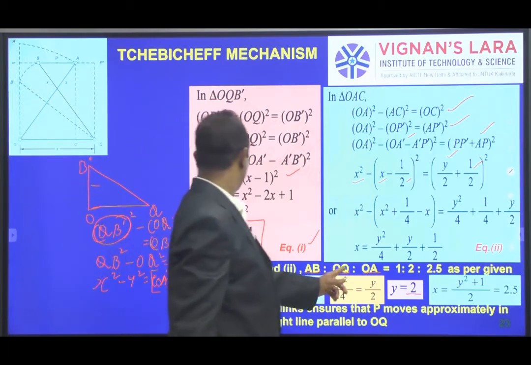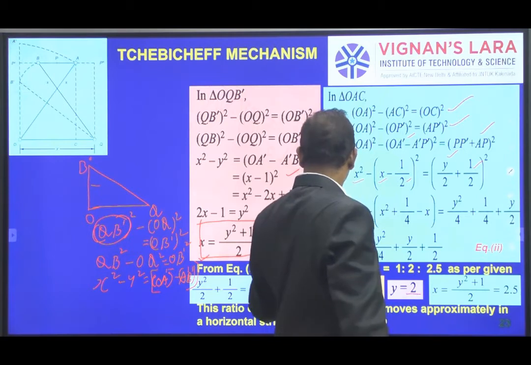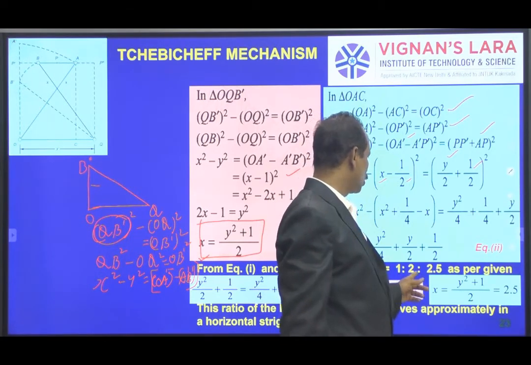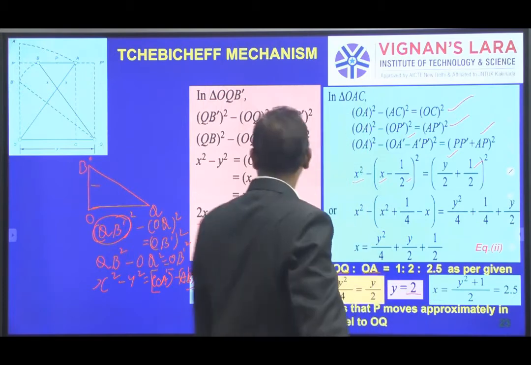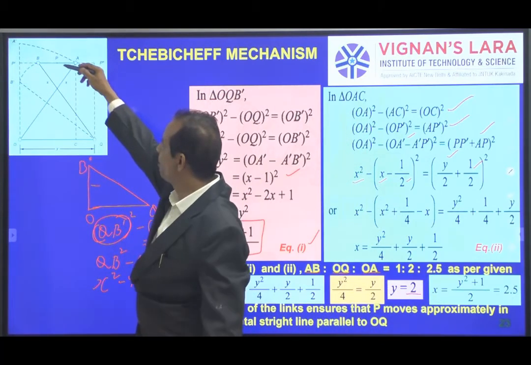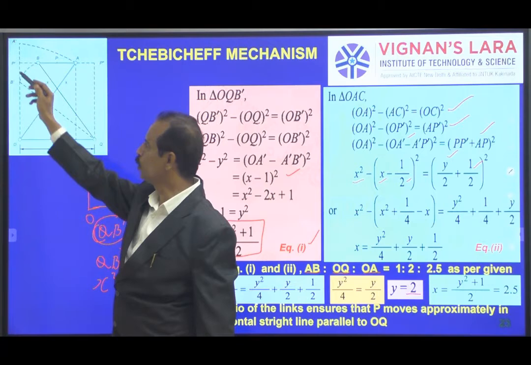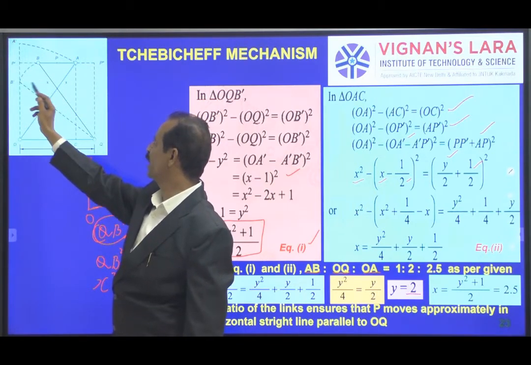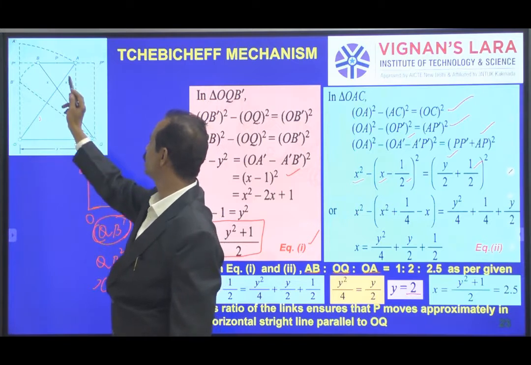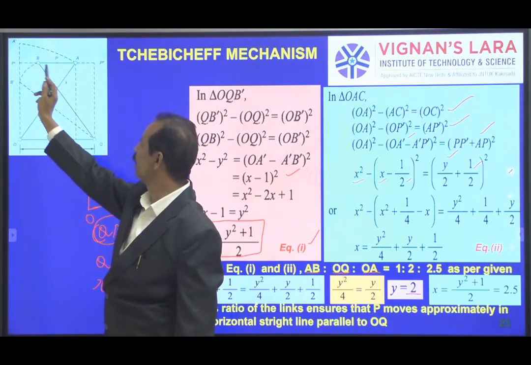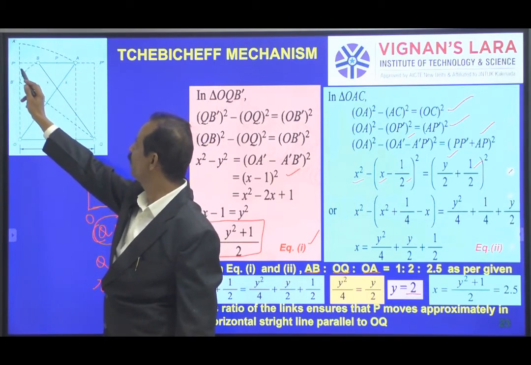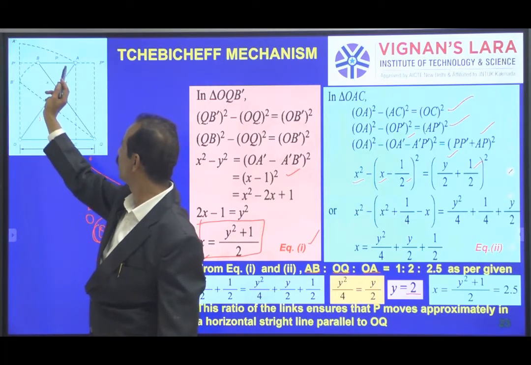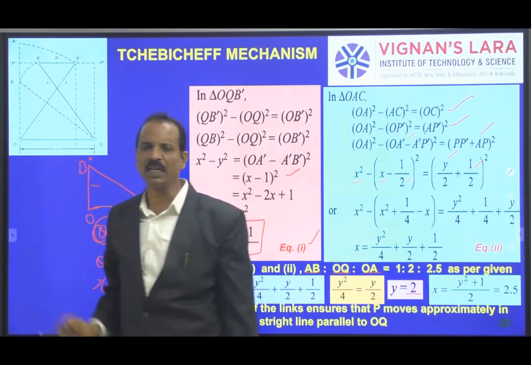That means if AB to OQ to OA is 1:2:2.5, then the path traced by P is a straight line. So for small angular movements of this, for the extreme positions of this mechanism OA, you can see the point P will come on this horizontal line, that is at the midpoint of here, where the entire link will become vertical.